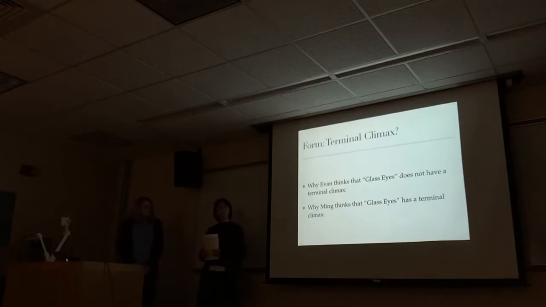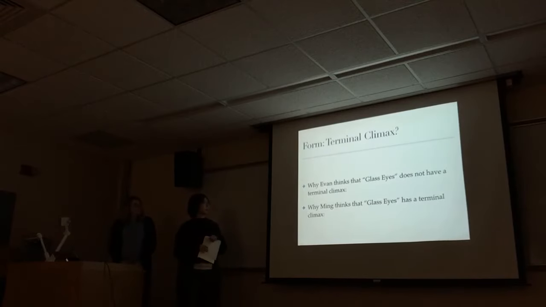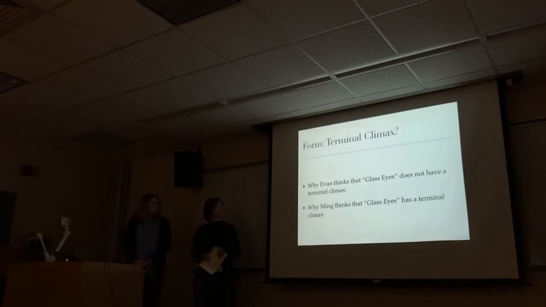Yeah. For me, my understanding of the terminal climax mentioned in Osborne's book is that there is one very different section which follows the verse chorus form, and is more memorable than the verse and chorus sections.